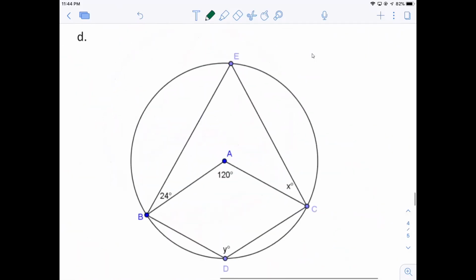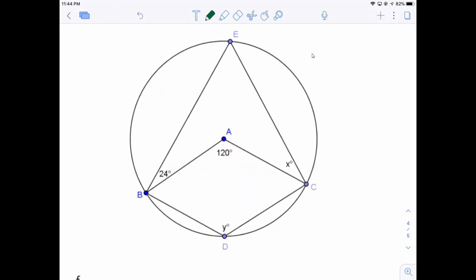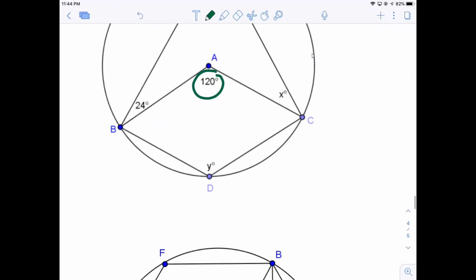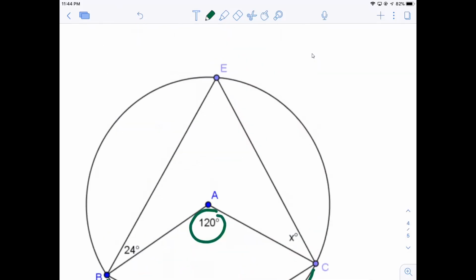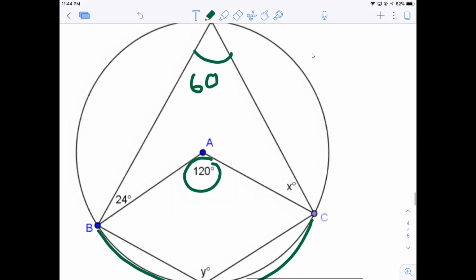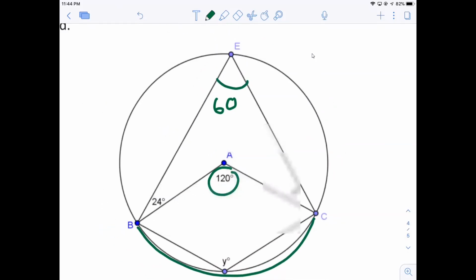All right, next, letter D. Find the measure of angle y and x. So central angle, if that's 120, that means that's also 120, which means this here is half of 120, or 60 degrees. If that's 60, then I have a quadrilateral here, by the way, EBAC, right?